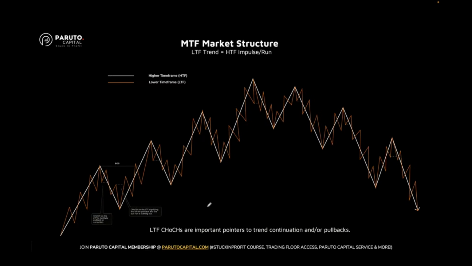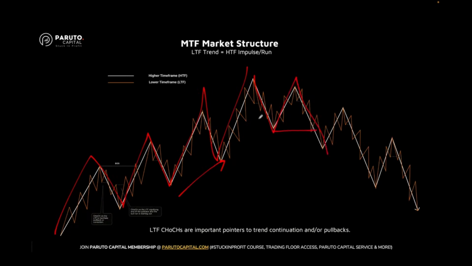So lower time frame shifts are also important pointers to indicate that the trend is about to either slow down or continue. And what do I mean by that? Look at this move here. This was an impulsive move, correction. This is an uptrending market, no doubt. You can see that, right? We're going up. But then you notice that when it came here, there was this change of character, right?